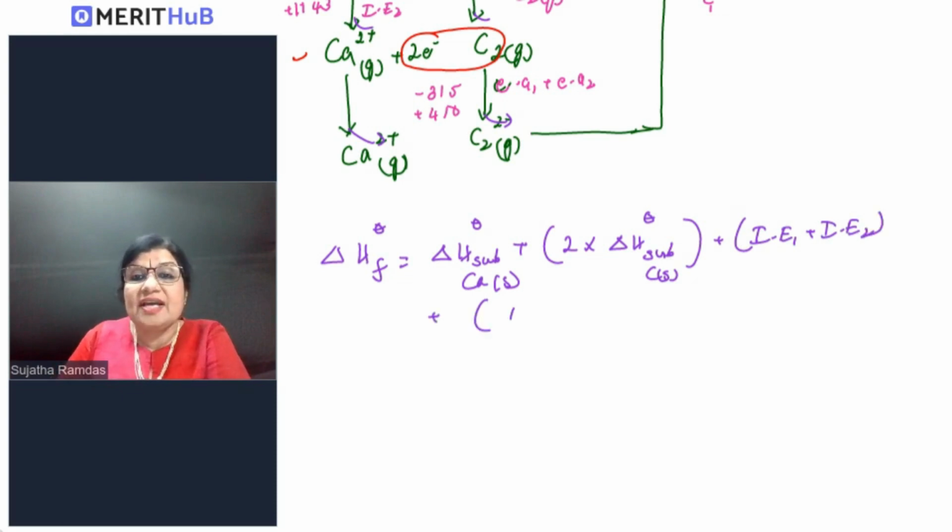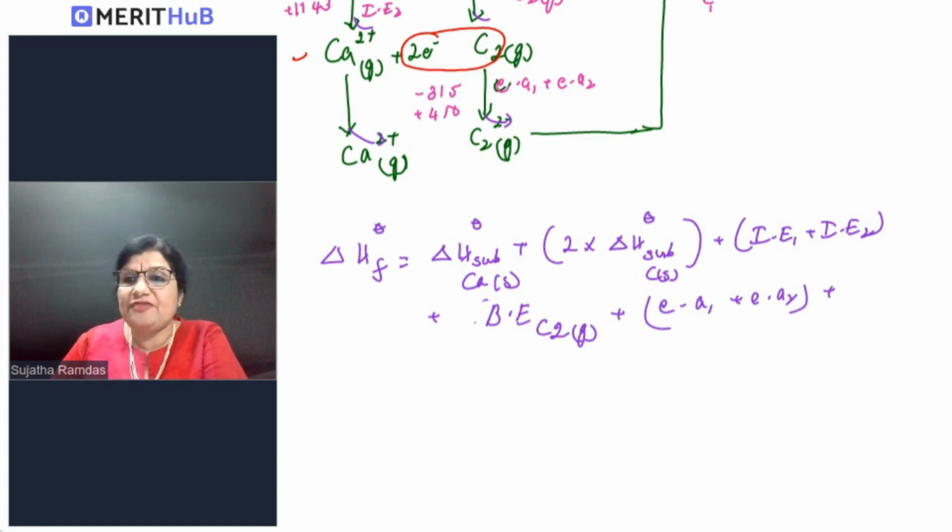Then we have the bond enthalpy or the bond energy of C2 gaseous plus the sum of the two electron affinities, and finally lattice enthalpy of calcium carbide.